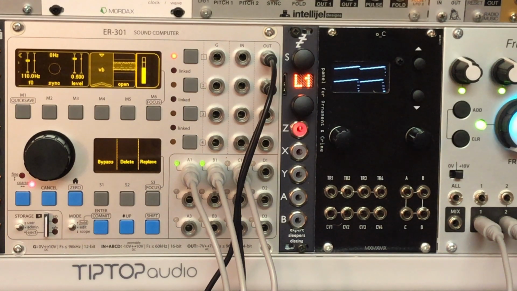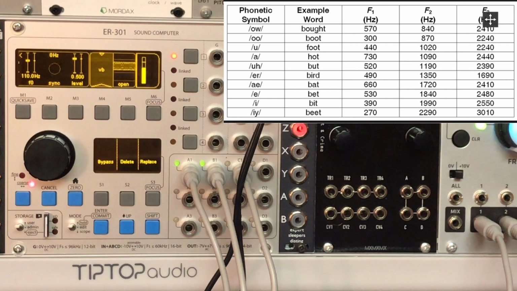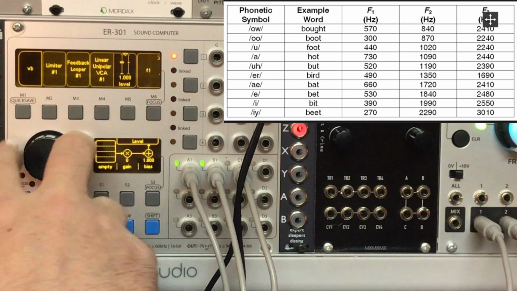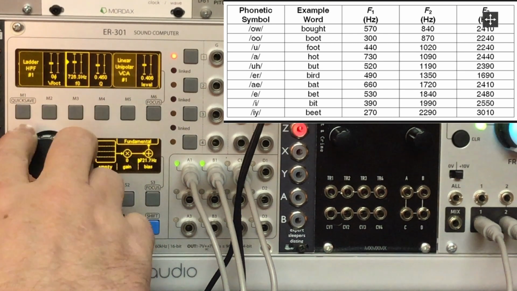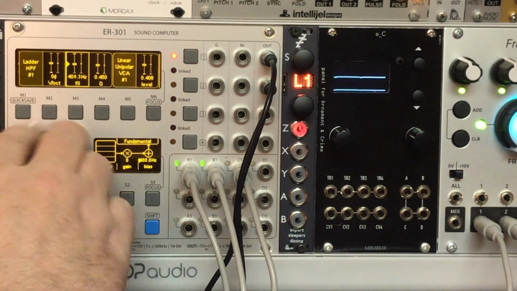And let's see here. I haven't tried. Let's try E as in beat, beat, E. All right, so we're going to go change these filter frequencies. The new values here are going to be 270 and 2290. So we'll change this one to 270.